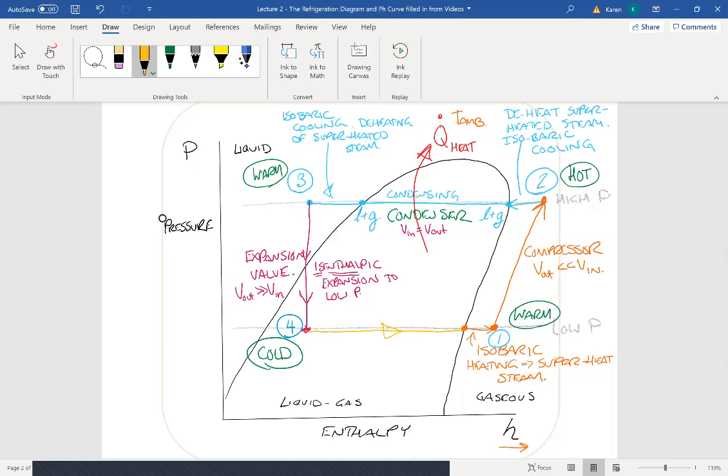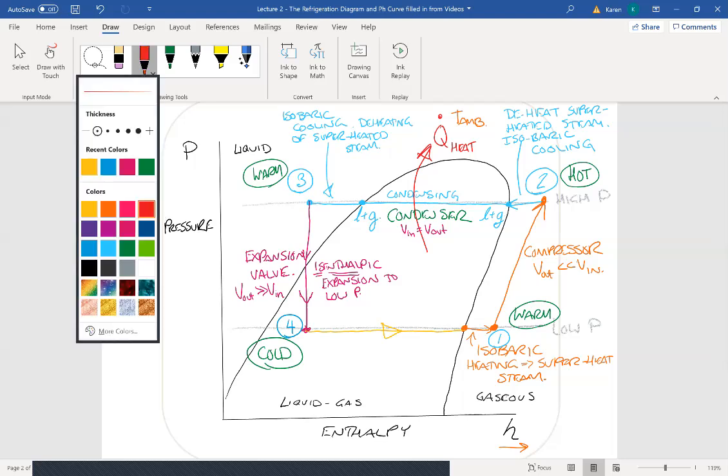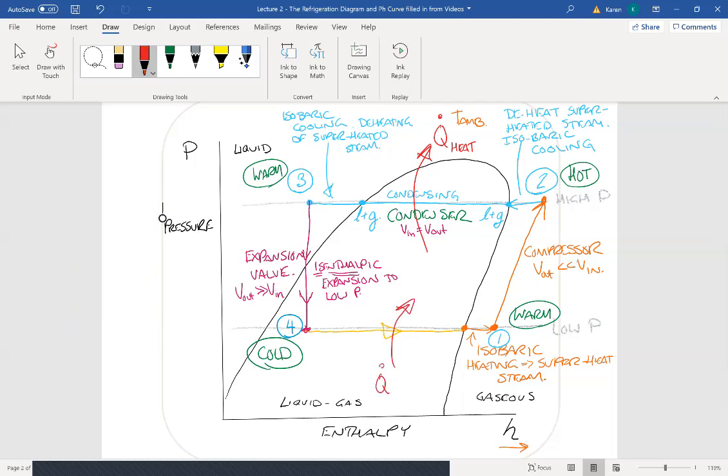So I put this really cold fluid through and it's going to gain heat just because of the laws of thermodynamics. If I put something cold in a warmer environment, it's going to suck up that heat. And that's the whole point. That's what we want to do this for. We're doing this at a constant pressure.